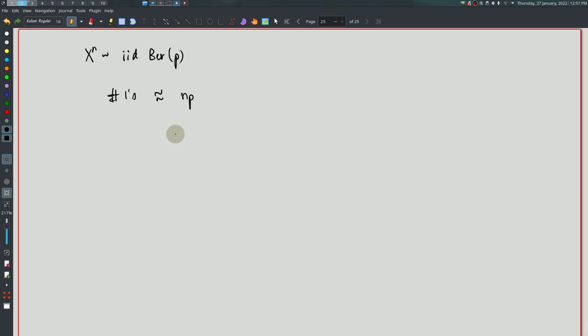So in fact, we made this more formal: the probability that the number of ones in xn minus n times p is greater than some n times epsilon tends to 0 as n tends to infinity.